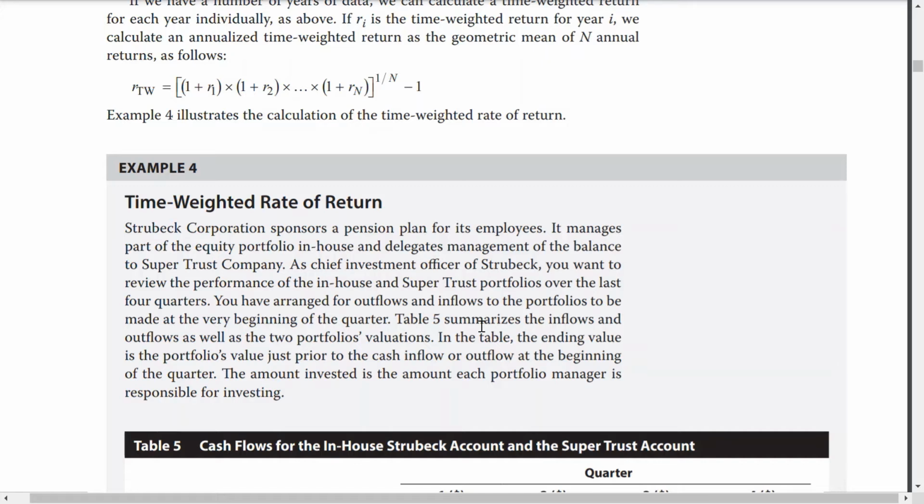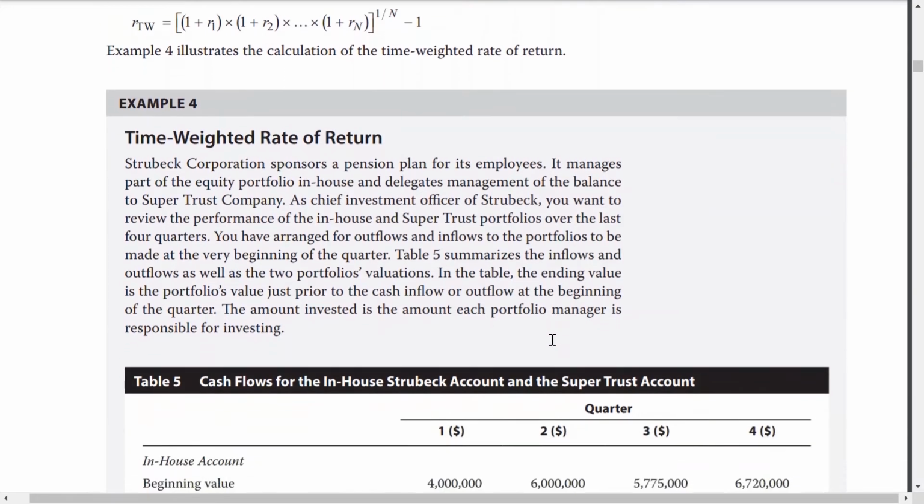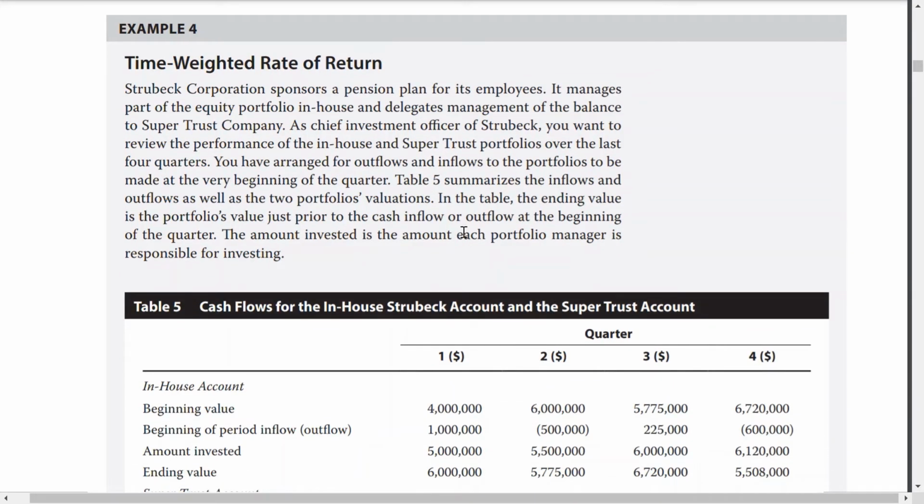You have arranged for outflows and inflows to the portfolio to be made at the very beginning of the quarter. Table 5 summarizes the inflows and outflows as well as the 2 portfolios' valuation.